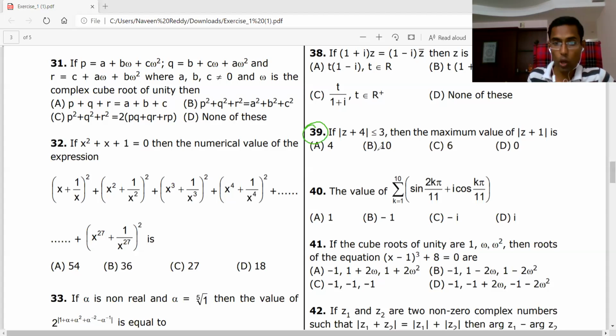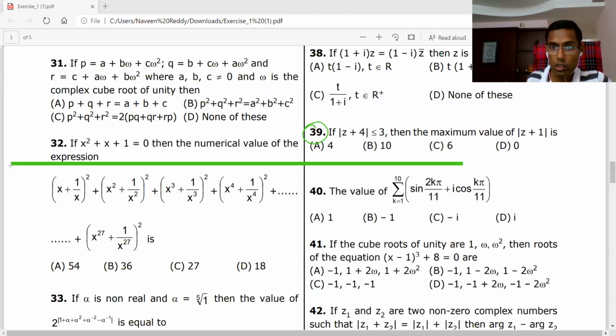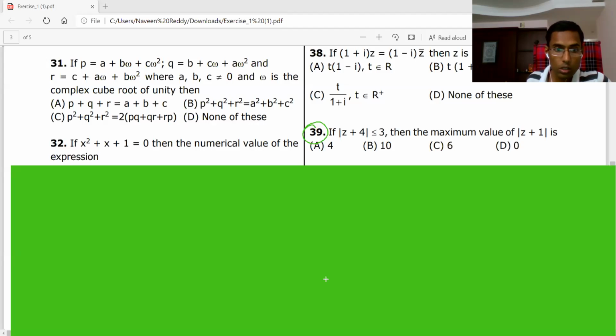Question number 39: we need to find the maximum value of |Z + 1|.